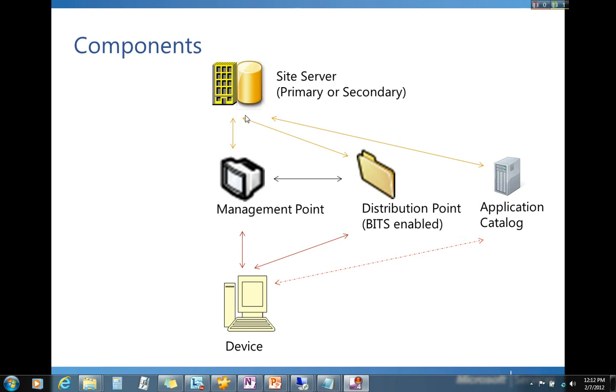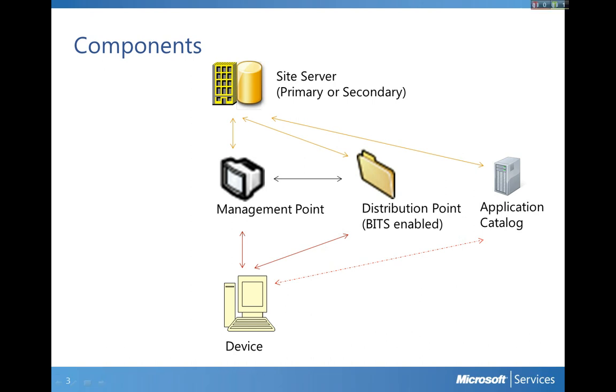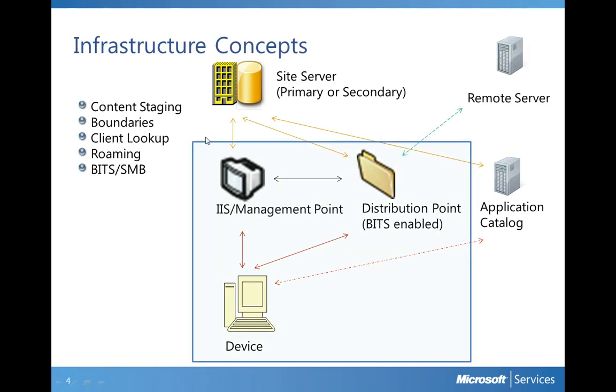So let's talk about infrastructure components a bit. As we roll along, you see the complexity has ramped up a bit. Same diagram we had before, just put a few pieces in this. As you're working at the site server, ultimately as the administrator, you're working to get content, the application, staged into the environment and deployed.